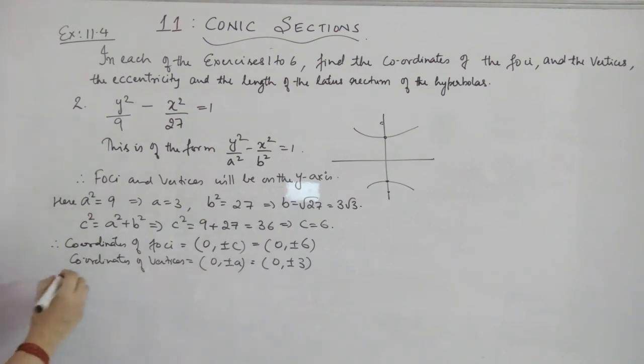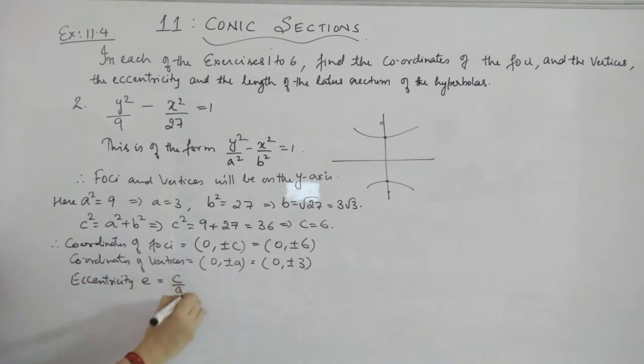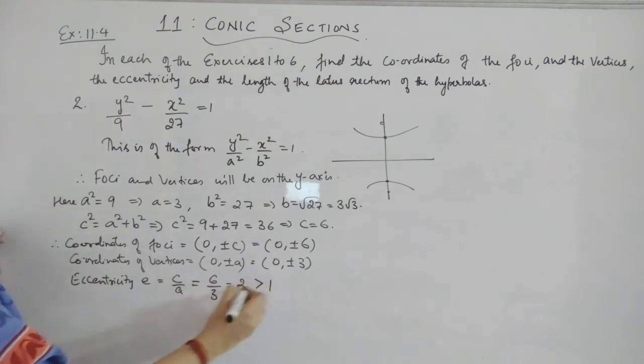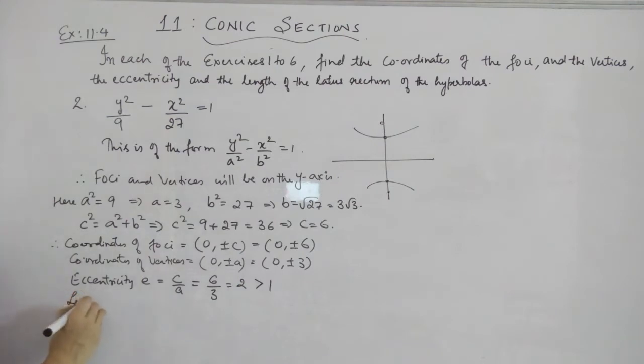Next thing is eccentricity, which is e, and its definition is c by a. What is c? 6. a is 3, so you are getting it to be 2. Again you can see it is greater than 1. Okay, next is the length of latus rectum.